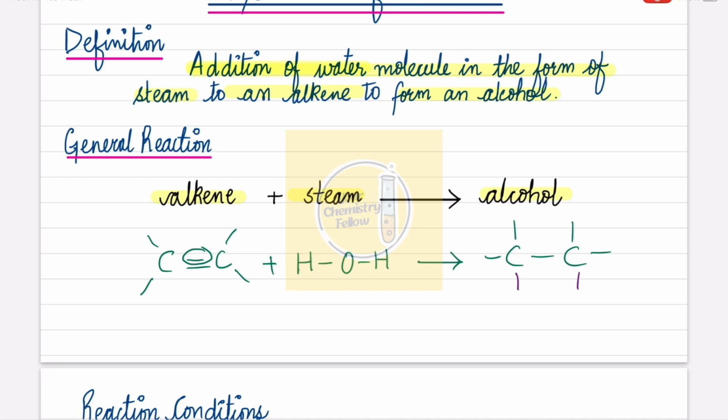As a result of this opening of the covalent bond, a hydrogen atom from steam will be added to one of the doubly bonded carbon atoms, and a hydroxyl group is added to the second doubly bonded carbon atom. As a result, alcohol is formed.